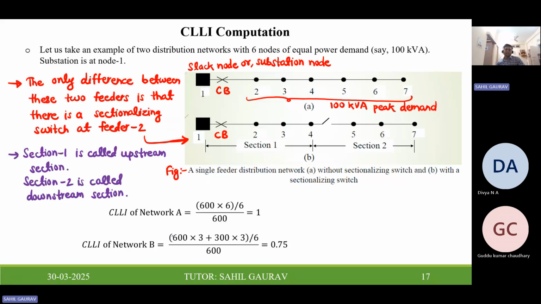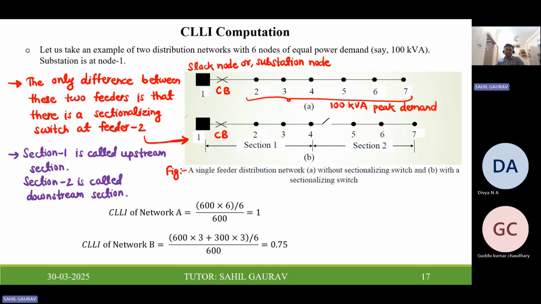So for network A there is no sectionalizing switch, while for network B there are two sections, and the first section has no sectionalizing switch, while section 2 contains the sectionalizing switch.